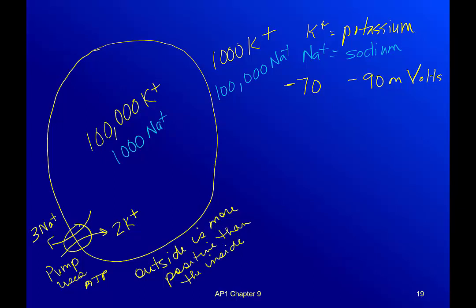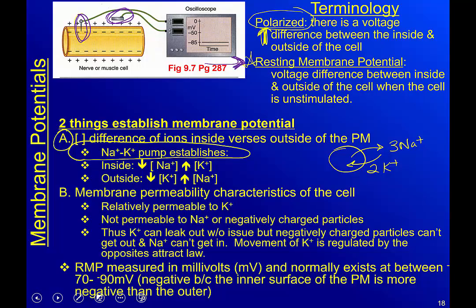Okay? So this right here already establishes that the inside of my cell is going to be slightly negative compared to the outside, just because I have this pump working and I'm only bringing 2 pluses in for every 3 pluses out. So this is one thing that helps me to establish that membrane potential, okay?